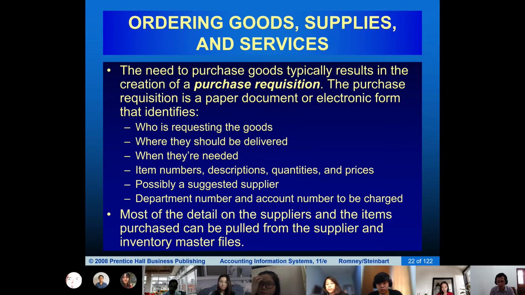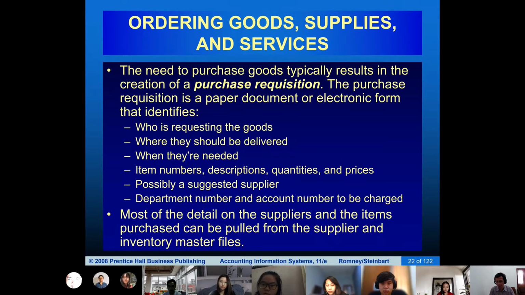For example, if our faculty needs paper, it will fill in a purchase requisition and send it to the university. Our faculty has a budget on how many papers we can buy in a year.